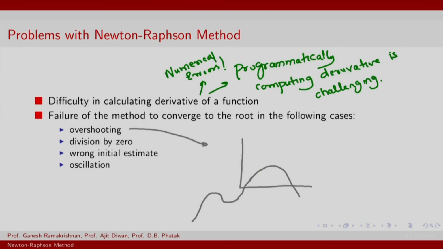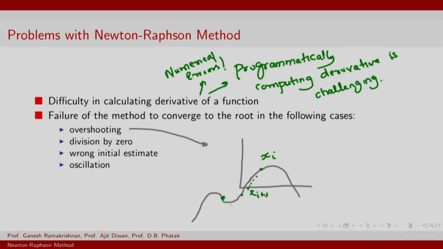So if your xi initially were here, you suppose moved to x(i+1) and landed up on the other side due to some reason. It is possible that you overshoot so much that x(i+1) is actually on this side. This can happen if the curve that we show here is so small that this intercept lands up getting you to a point x(i+1) on the other side.